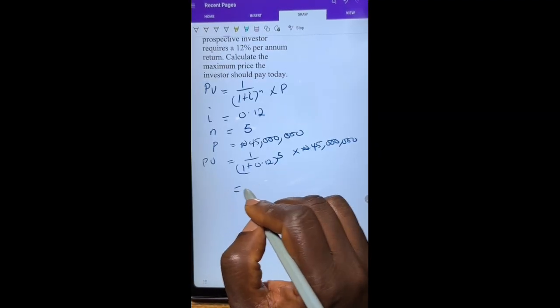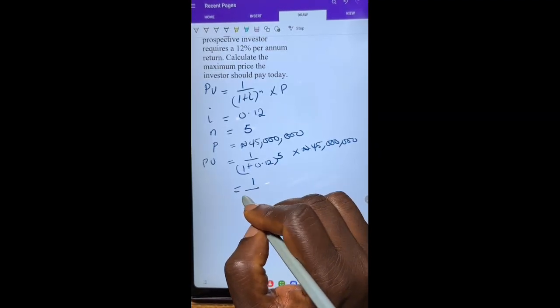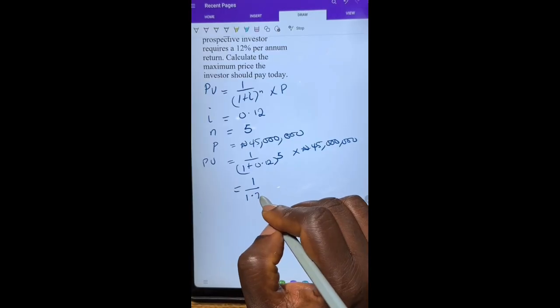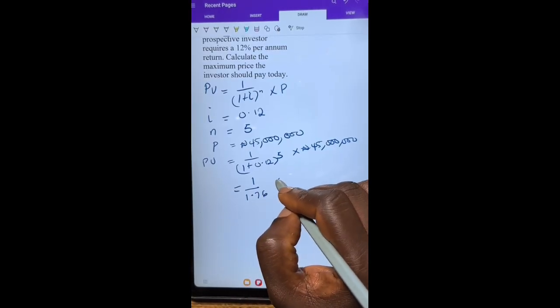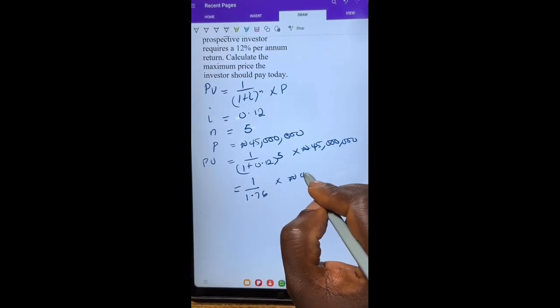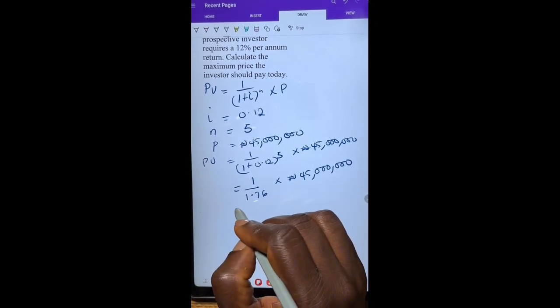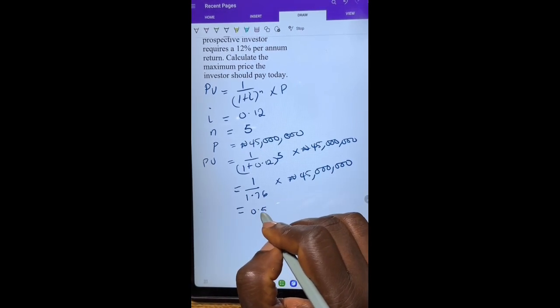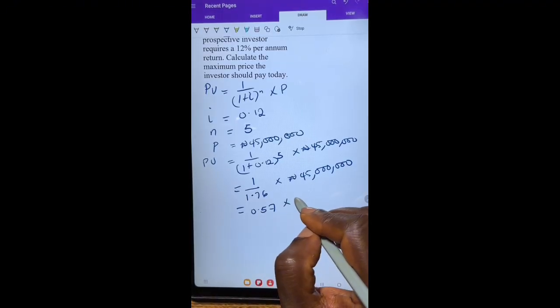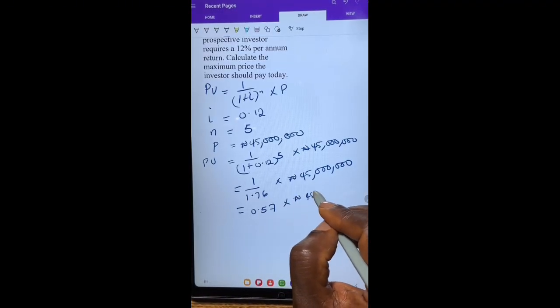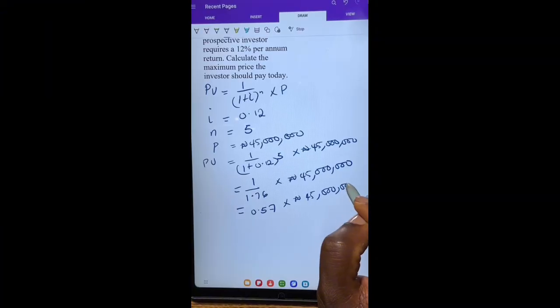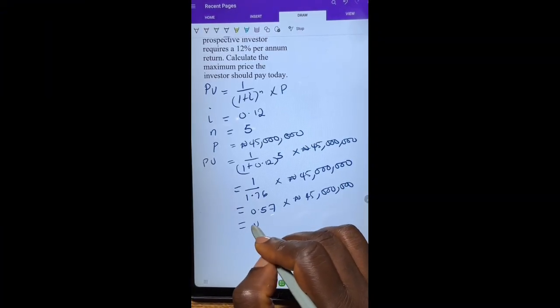And that gives us 1 over 1.76 times 45 million naira, which is equal to 0.57 times 45 million naira.